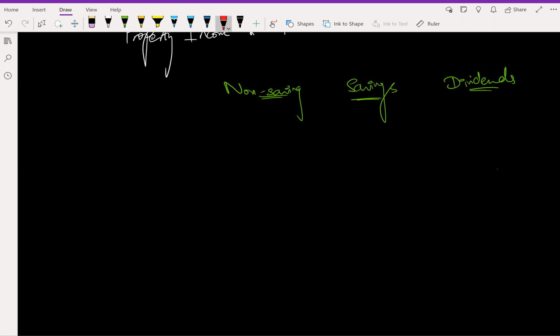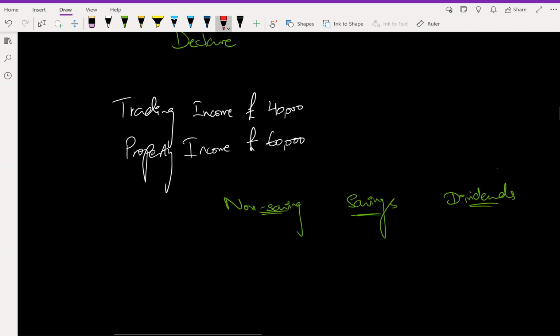I'll repeat. Savings income, any kind of interest. Dividend income, coming from your investments in shares. Any income not classified as savings or dividends will be classified as non-savings. So that means which one of the two is non-savings?